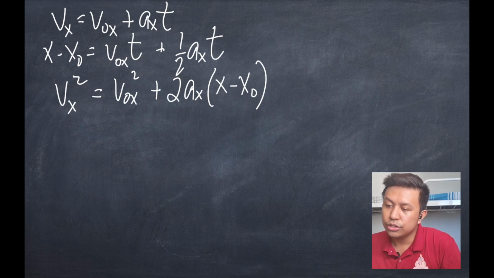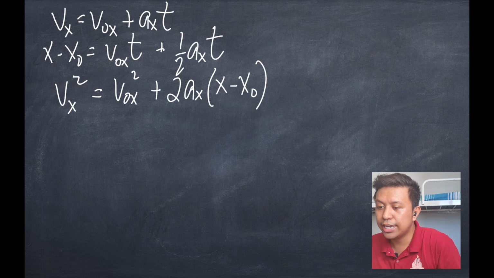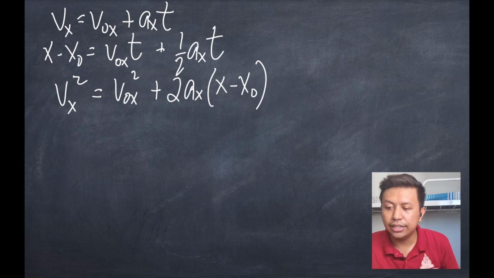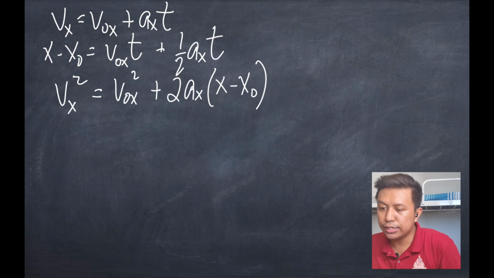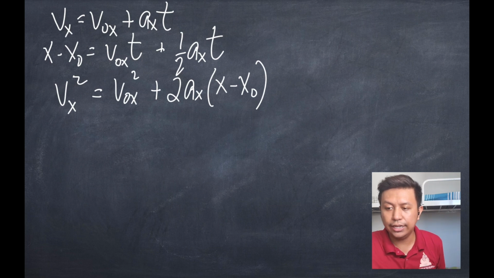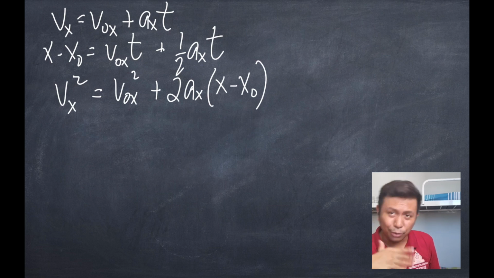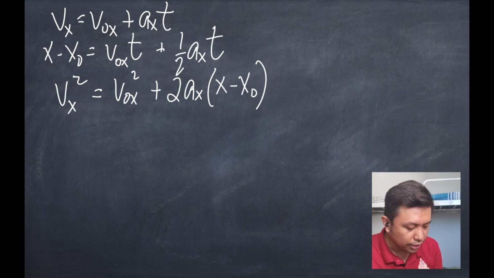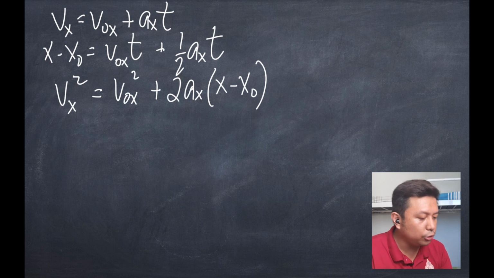Another useful expression that we can use is when we equate two expressions for v average of x. So we can actually get the fourth equation. Usually it's not used that much, but it can still be useful. The fourth equation uses the v average.